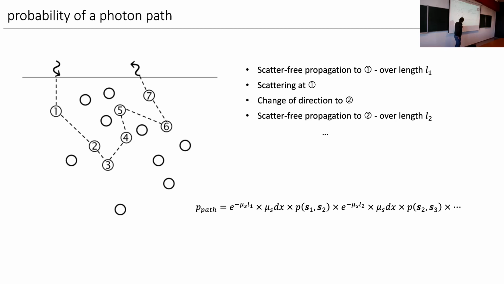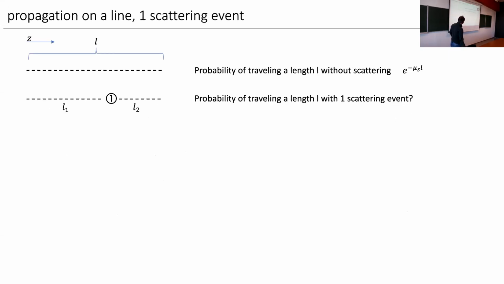If you want to get a small section of the path length dx, then the phase function is used to calculate the probability of scattering to a certain direction. But let's first look at simpler applications.